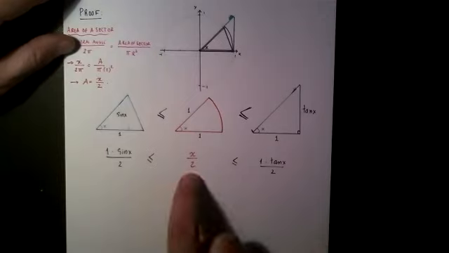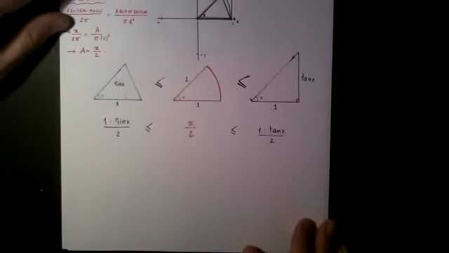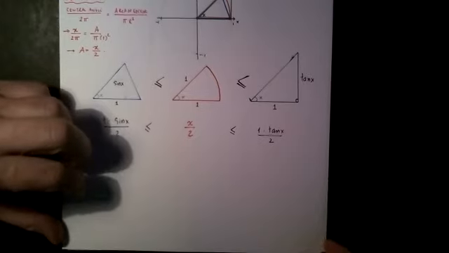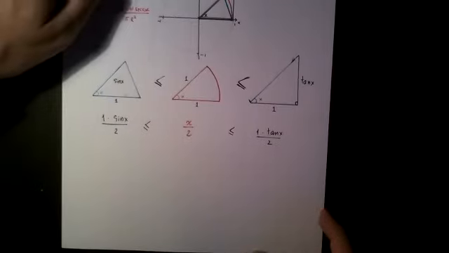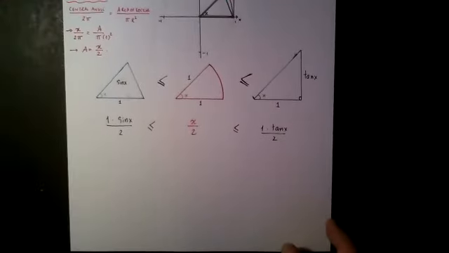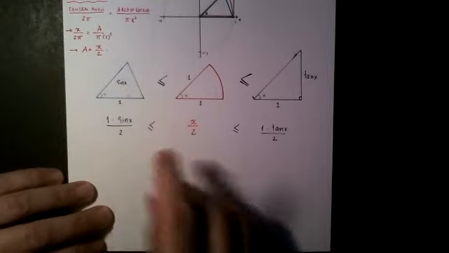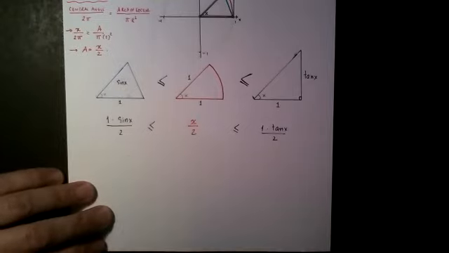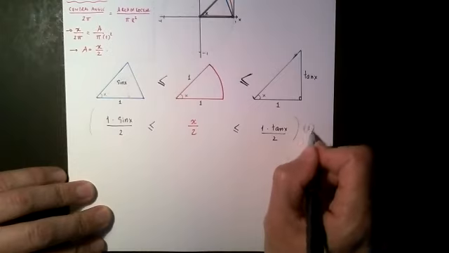Okay, we're almost done. That was the hard part, finding this guy. So let's go. I'm going to get rid of the 2's right away, so I will multiply everything, all sides, by 2.